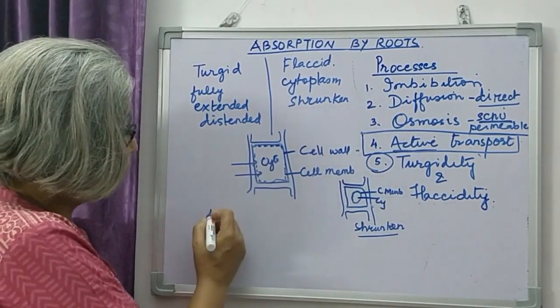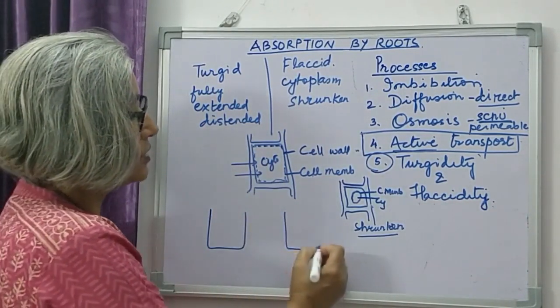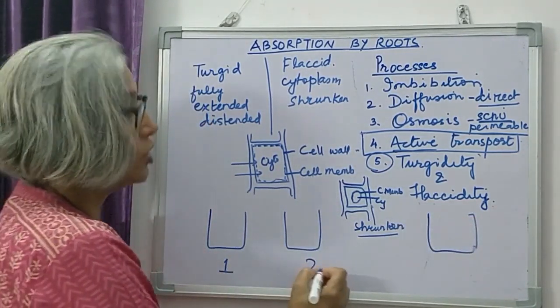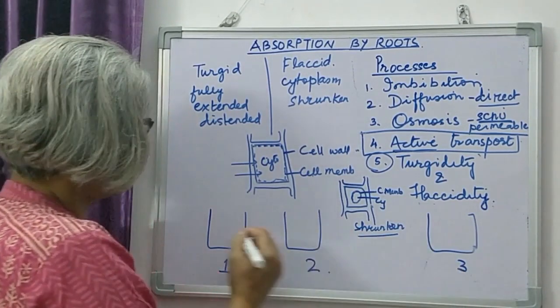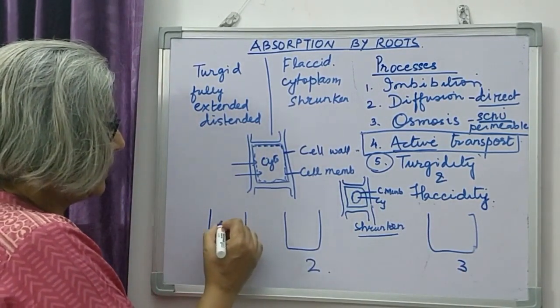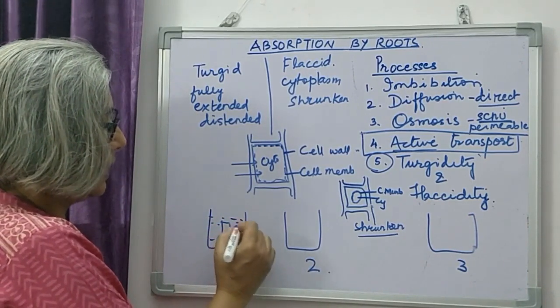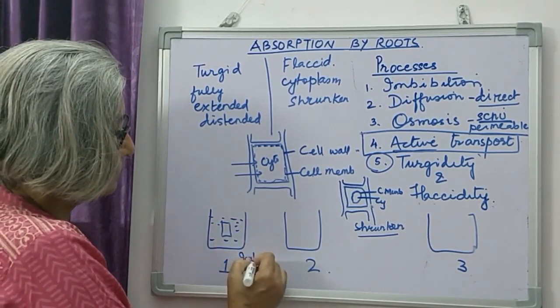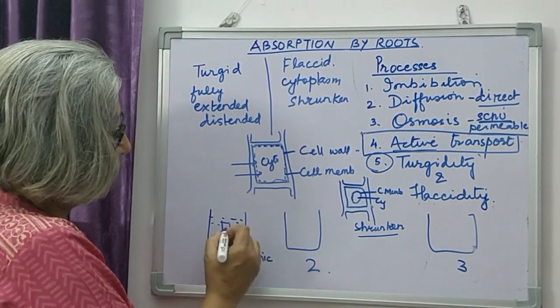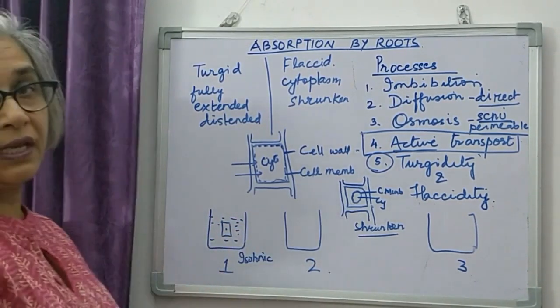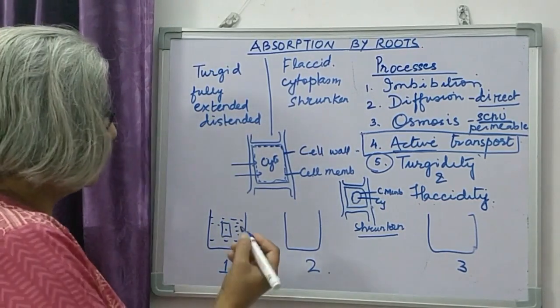Suppose we take three situations. Situation 1, situation 2, situation 3. We put a plant cell in this and the solution outside the plant cell is isotonic. It means water inside the cell and water outside the cell are equal. Solute inside the cell and solute outside the cell are equal.